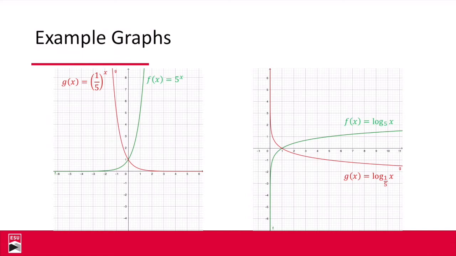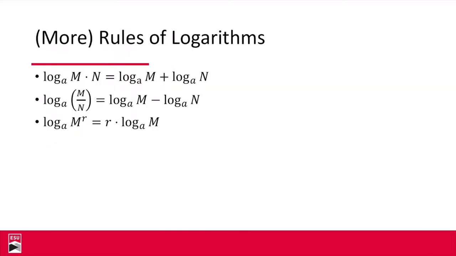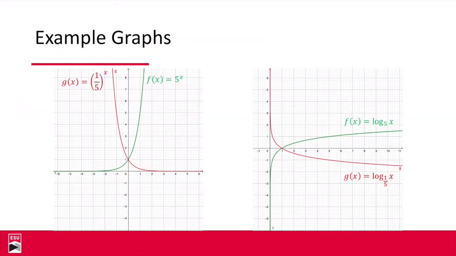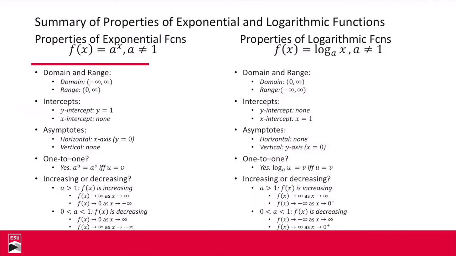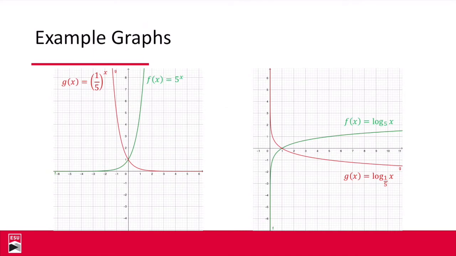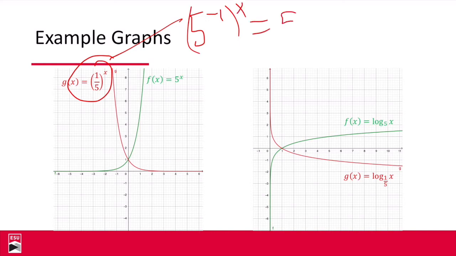And notice that graph really just looks like 5 to the x reflected about the y-axis. Because if we take this function and rewrite it as 5 to the negative 1 to the x, well, that's 5 to the negative x.